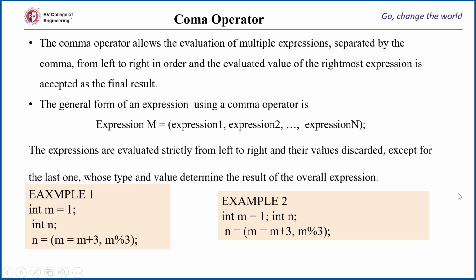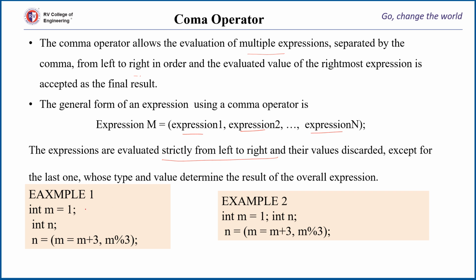Fine. Coming to the comma operator, it allows you to evaluate multiple expressions which are separated by commas from left to right. So the general form is something like this: expression 1, comma, expression 2, comma, expression 3, and so on, right? One thing you have to remember, they are strictly evaluated from left to right and their values are discarded except the last one, which becomes the final value of your expression, right?